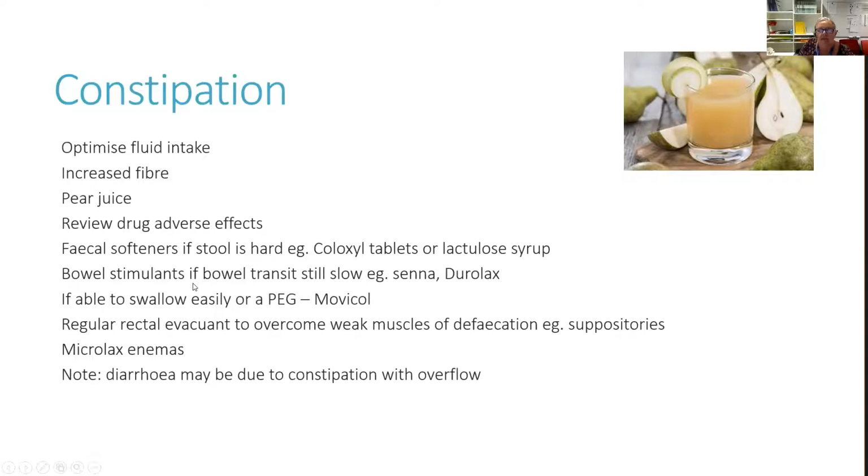But if your bowel motion is soft but it's really hard to get it out, because your bowel is fairly slow and sluggish, then things like Senna and Dulcolax work that way. Sometimes you have a combination, so you can have Coloxyl and Senna tablets, and they'll work in combination to fix both things.